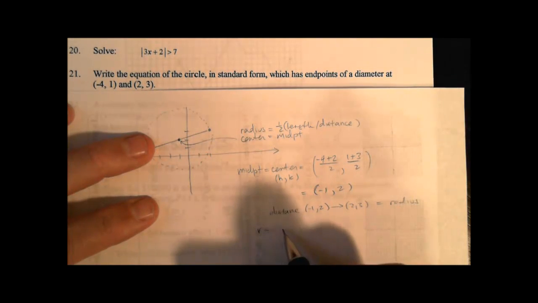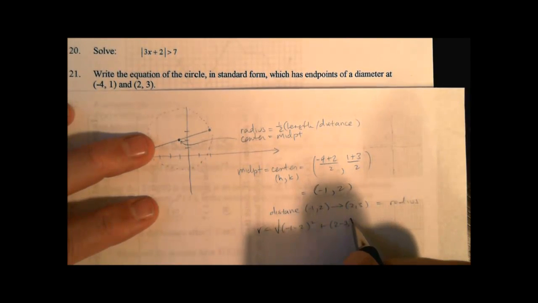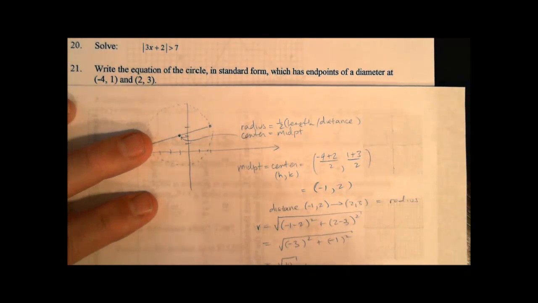And so this r will equal the square root of difference in x's squared plus difference in y's squared, which would be negative 3 squared plus negative 1 squared, which is 9 plus 1 is 10, square root of 10. So r is the square root of 10.